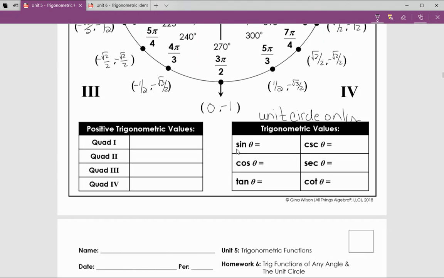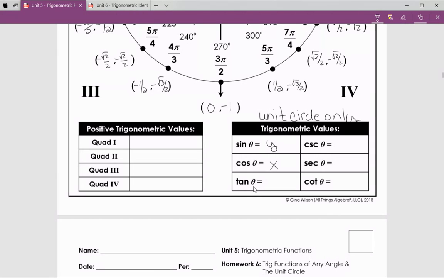Now, if they ever ask you to find sine of an angle, the outcome is the y coordinate associated with that angle. Okay? If they ever ask you to find cosine of an angle that's on the unit circle, that would always be the x coordinate. Then we kind of start getting into tricky stuff.